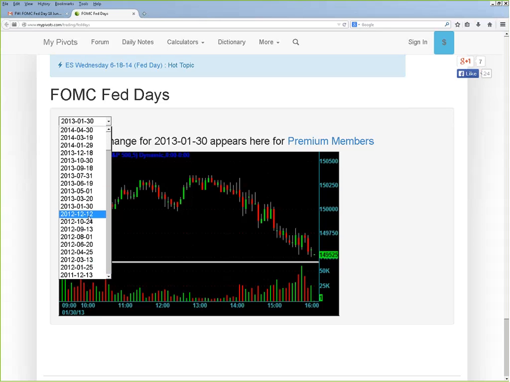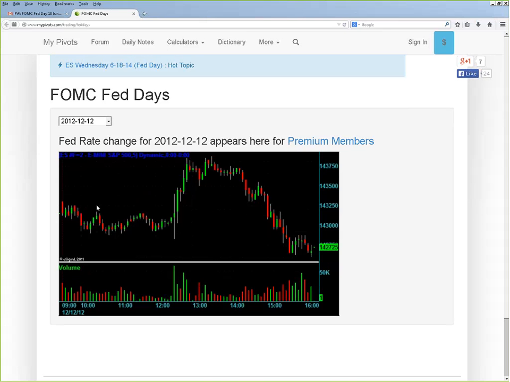Take a look at the end of 2012. Interesting that you saw a pretty big ramp after lunchtime, huh? About a 7.5 point ramp into the Fed numbers, and then it got a little top heavy here and sold off.